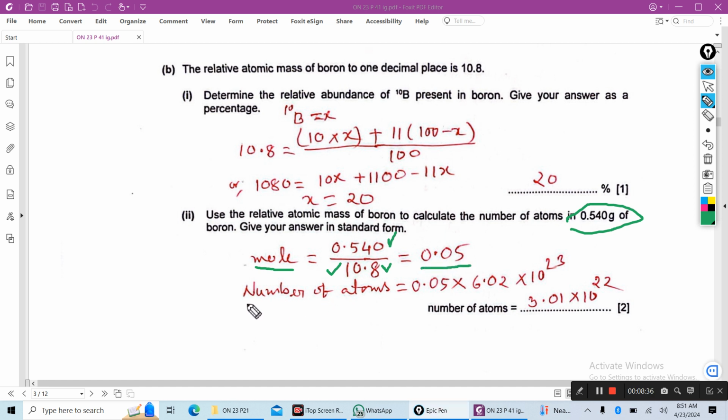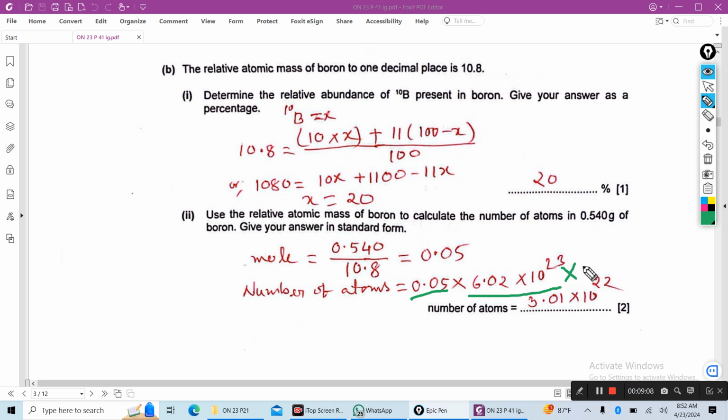Then the formula: number of atoms equals number of moles times Avogadro constant times number of atoms.